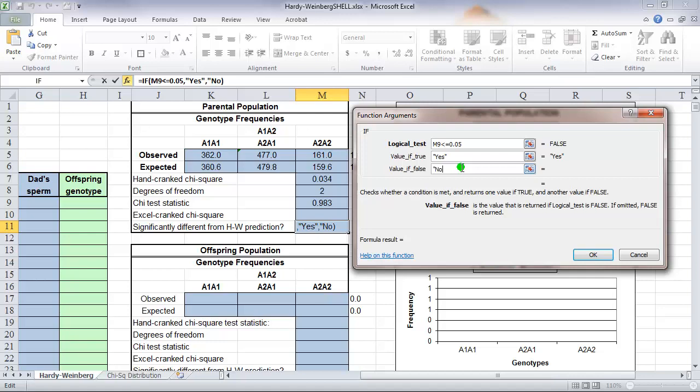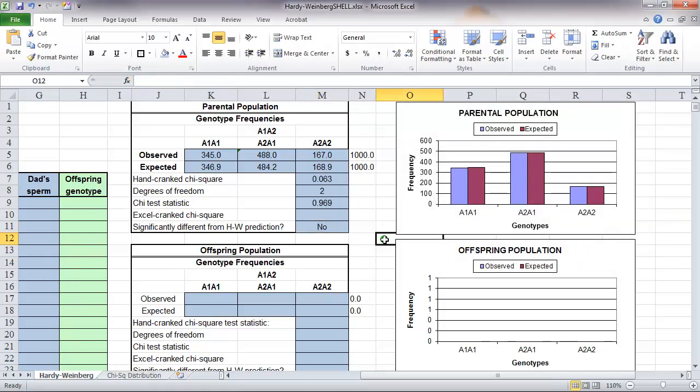Otherwise, we'd say no, it's not different from what Hardy-Weinberg predicts. So this question here is: is the population out of Hardy-Weinberg? And the answer here is no. And we would expect that, right? Based on what we see in our graphic.